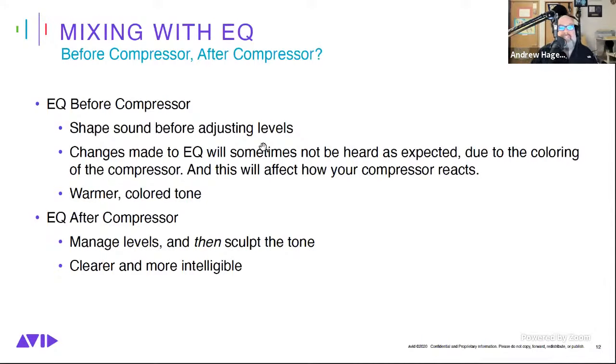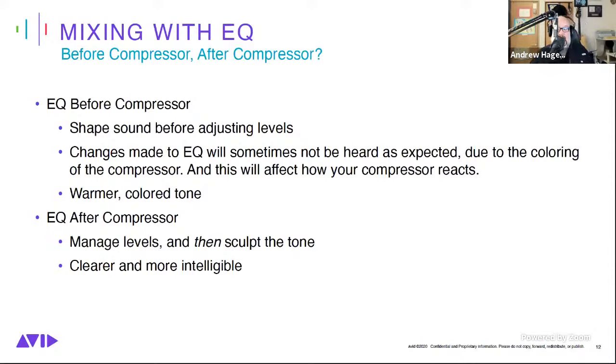So the changes made to the EQ will sometimes not be heard as expected when you put the compressor on afterwards, because the compressor is coloring the sound the way the compressor is supposed to do. And also, we said that an EQ is a series of amplifiers. Well, if you're changing the levels of individual parts of the sound, you're changing the level of the total output of the sound, and that's going to affect how your compressor will work.